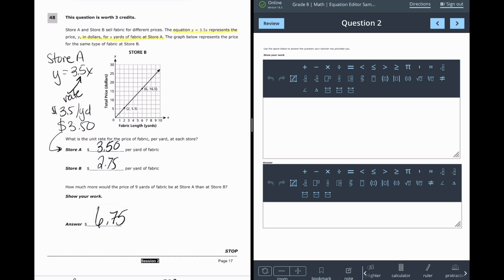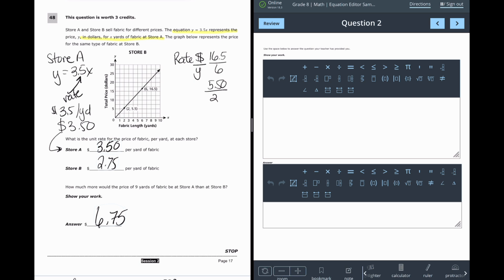All right, so now I can use the graph to find the rate for store B. Again, I can use any point. For store B, for my rate, I want to look at the price per yard. I can either use $16.50 for 6 yards, or I can use $5.50 for 2 yards.